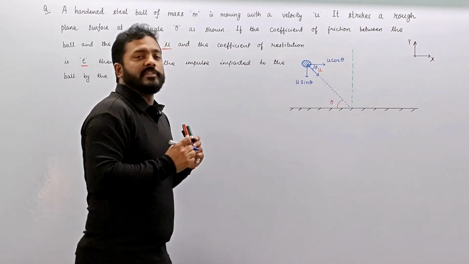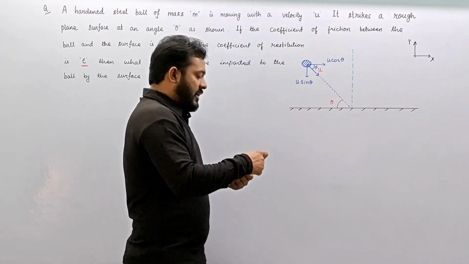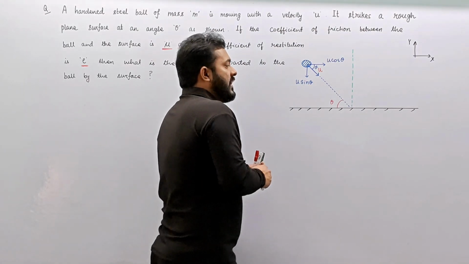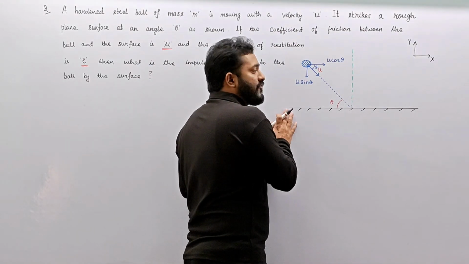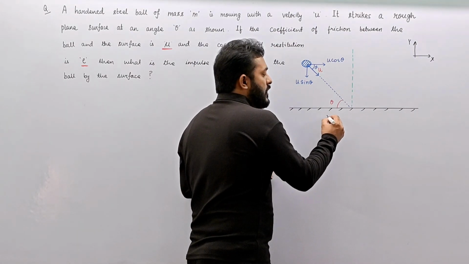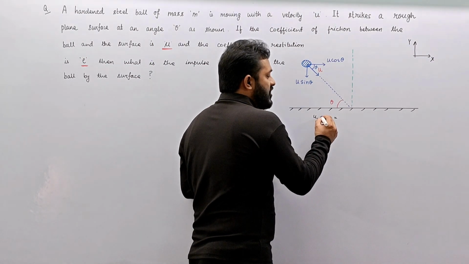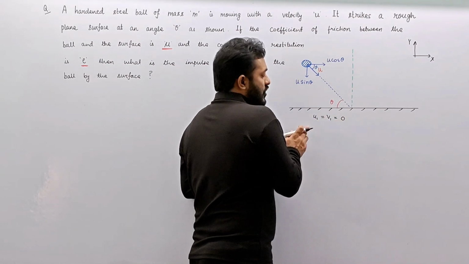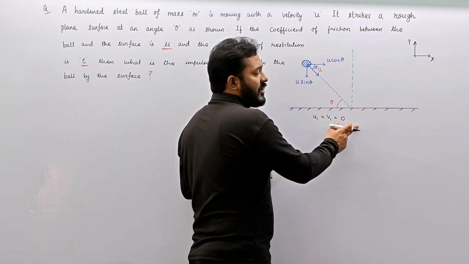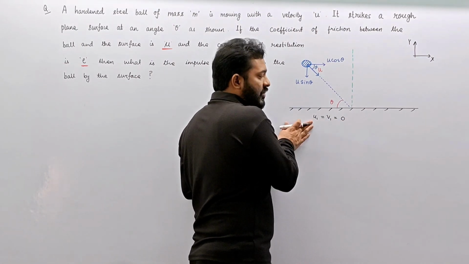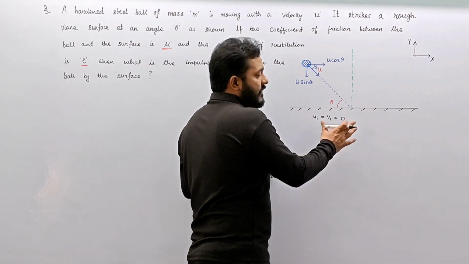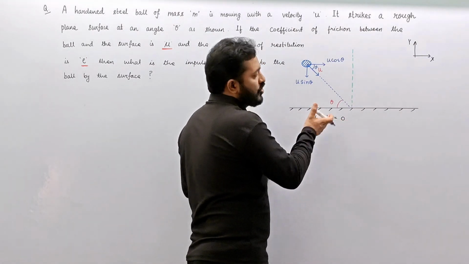The next important thing to understand is that this plane surface is at rest before the collision as well as after the collision. So we take u1 equal to 0 and v1 equal to 0, that is, before the collision, and after the collision the plane surface is going to be at rest.